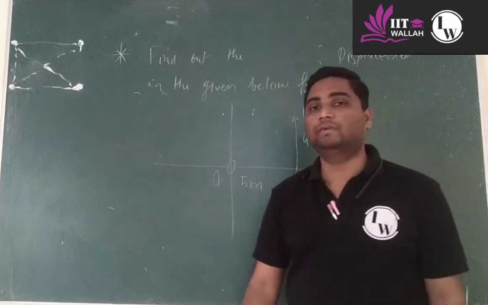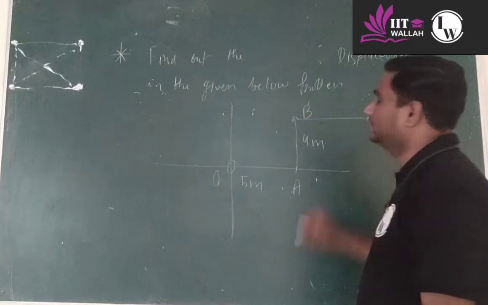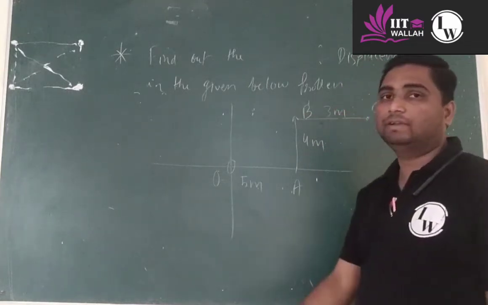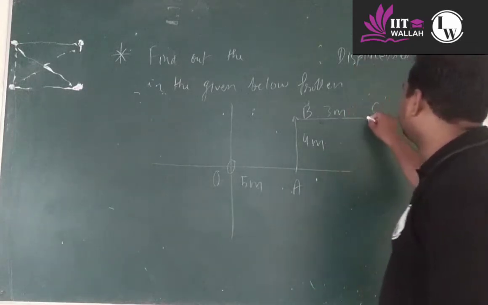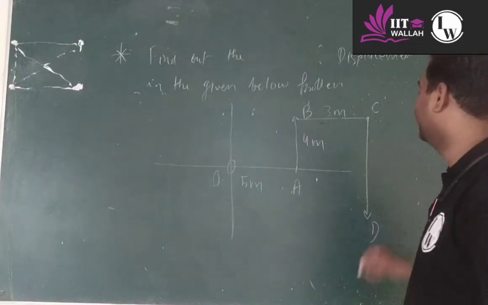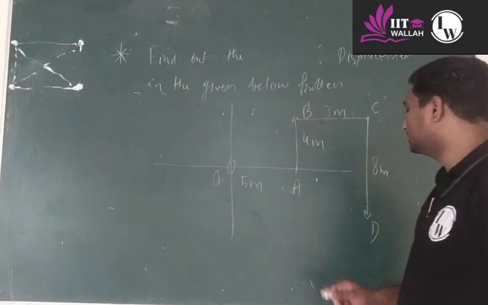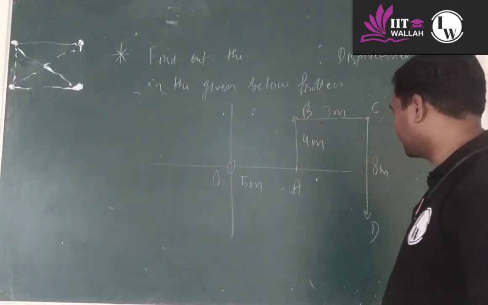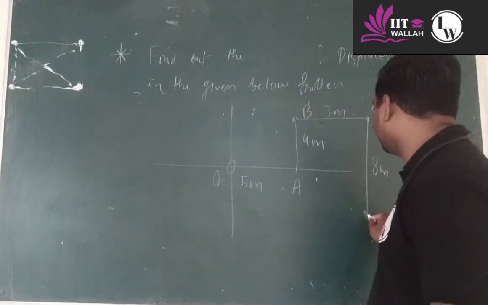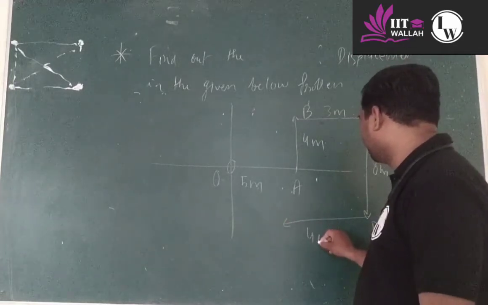Then he turns right and goes to point C, in which he travels 3 meter, then turns right and travels 8 meter, and then turns at right angle towards the right side and goes 4 meter.